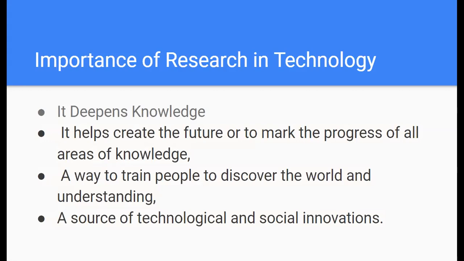It's not just starting from scratch. You'll be shocked that the solution you have in mind is already done. So now they start looking at the limitations in that work, what they could not do. Now start out from there. So another thing is to help create the future or to mark the progress of all areas of knowledge.